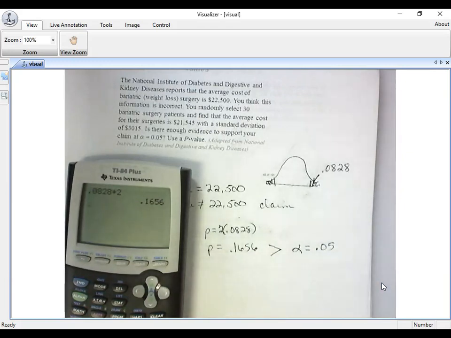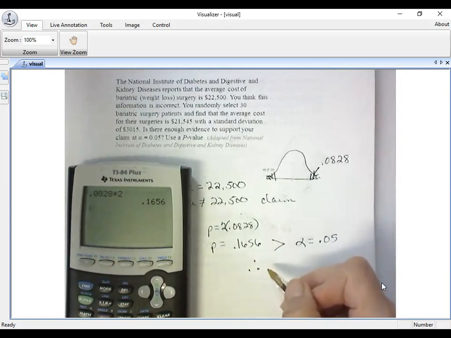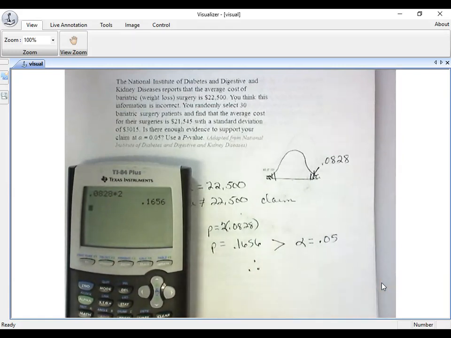So if the p is greater than the alpha, what's going to be my decision? If p is greater than alpha, okay. The decision about the null hypothesis, now remember, this is what we're checking to see. I got to compare the p-value to the alpha. Look at what we did on the one prior to this one.